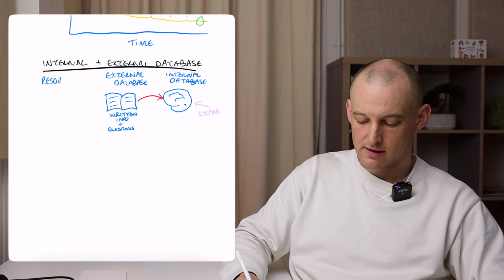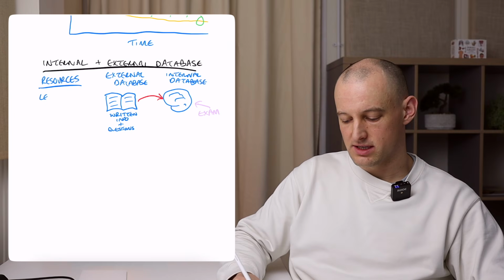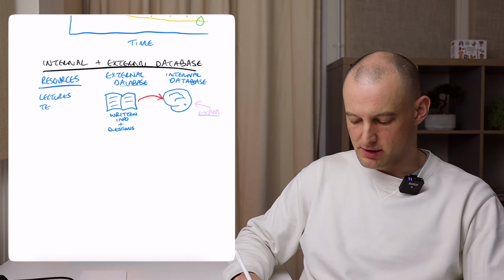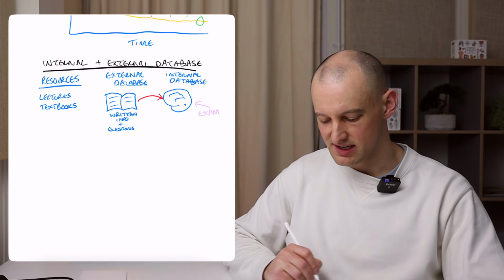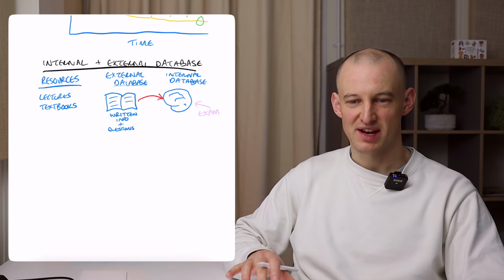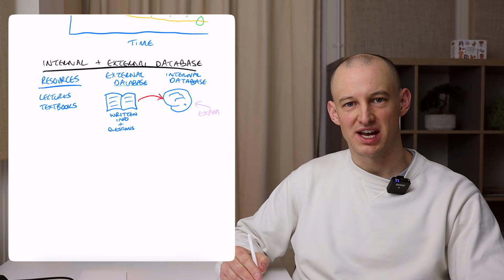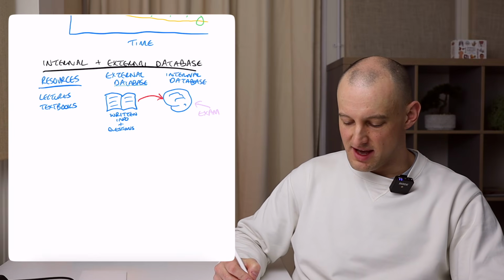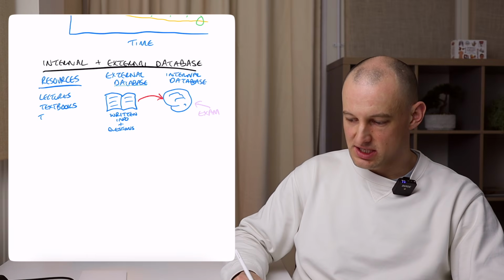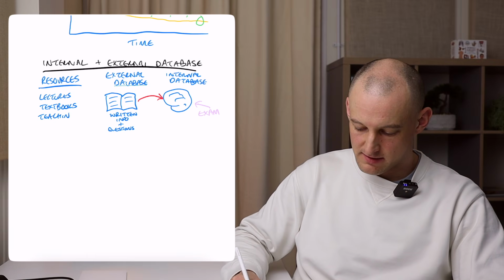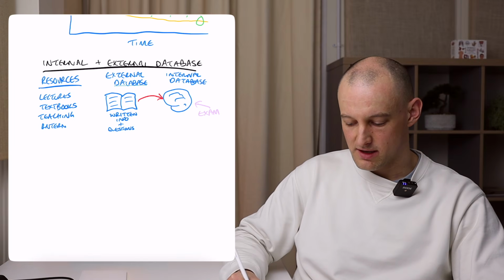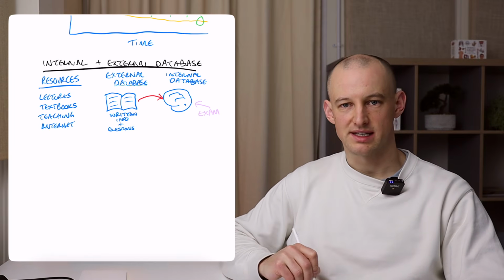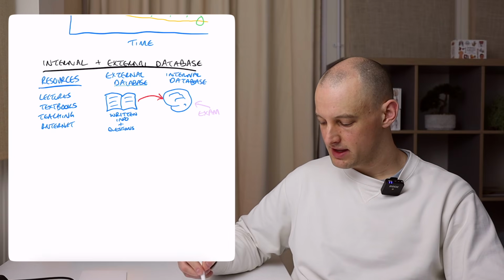Then you have resources. These are things like lectures, textbooks. So traditional, big, bulky textbooks that are difficult to manage. And I'm going to make a video all about how to manage these challenging textbooks. Then you've got teaching sessions. Then you've got things like the internet, so you might be watching videos or listening to podcasts or whatever it is.